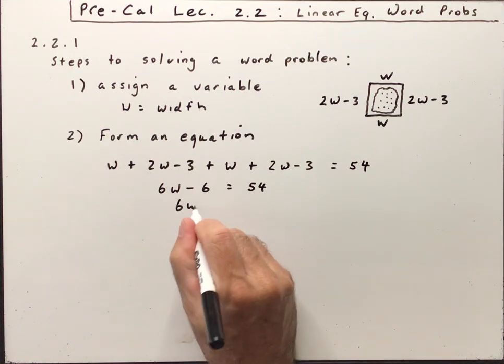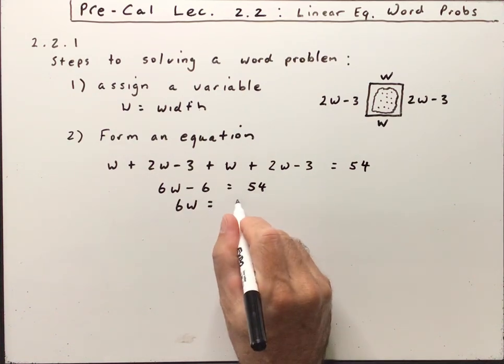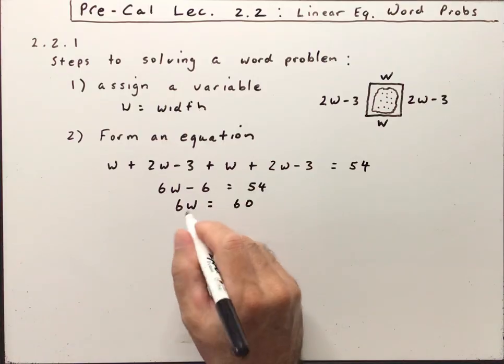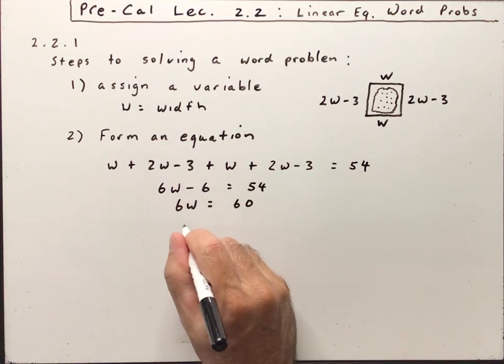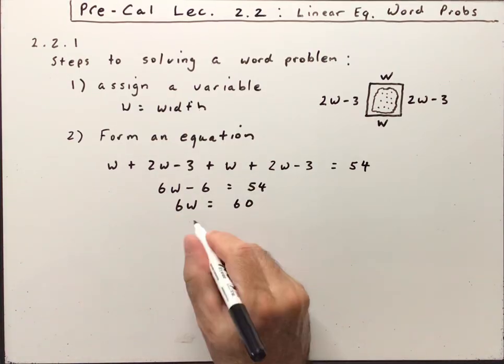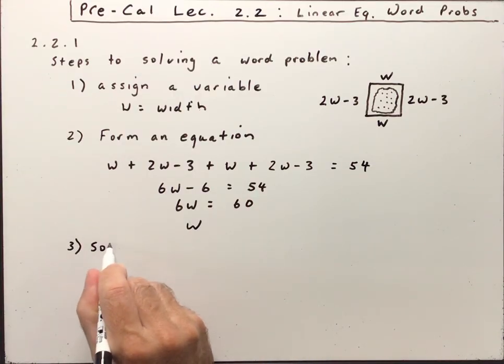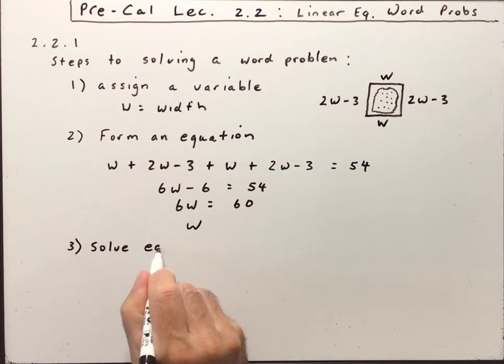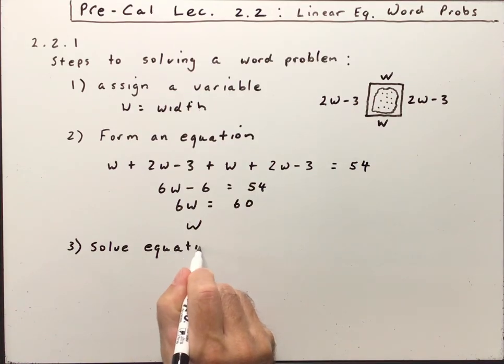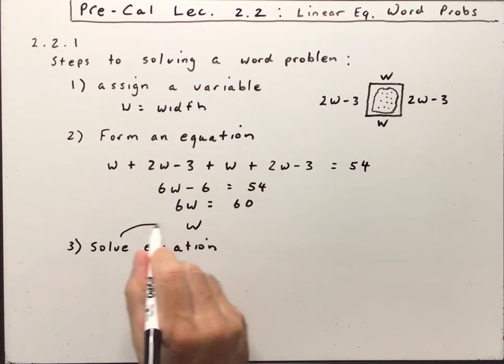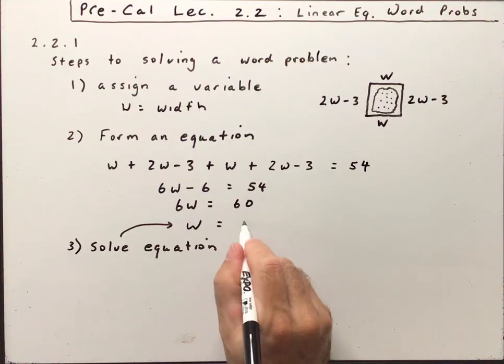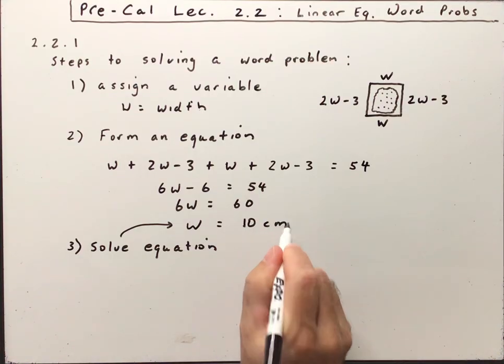So add 6 to both sides. 6W would be 60. So step 3 is solve the equation. So I did that up here. W is equal to 10 centimeters.